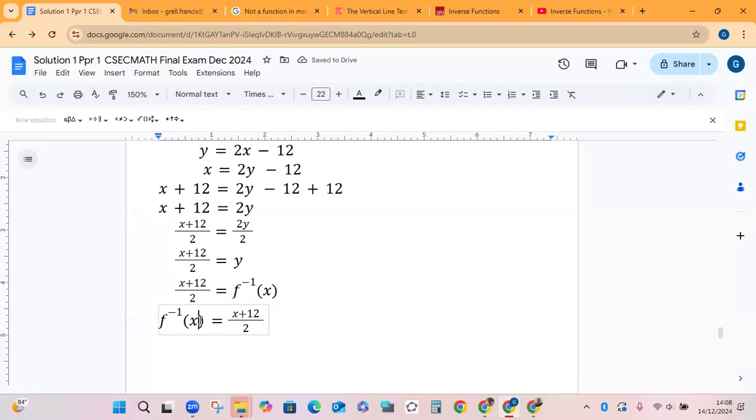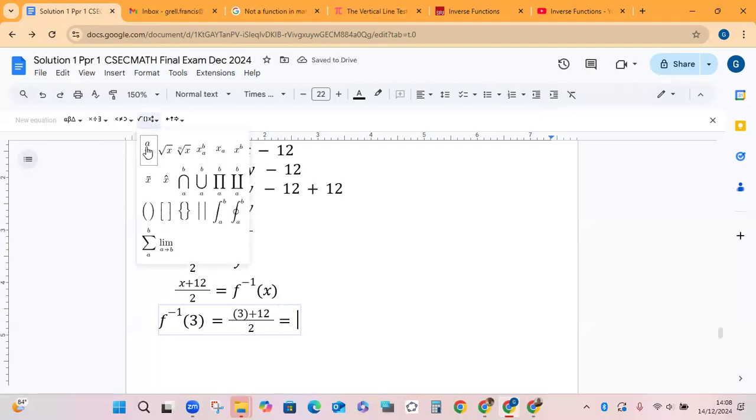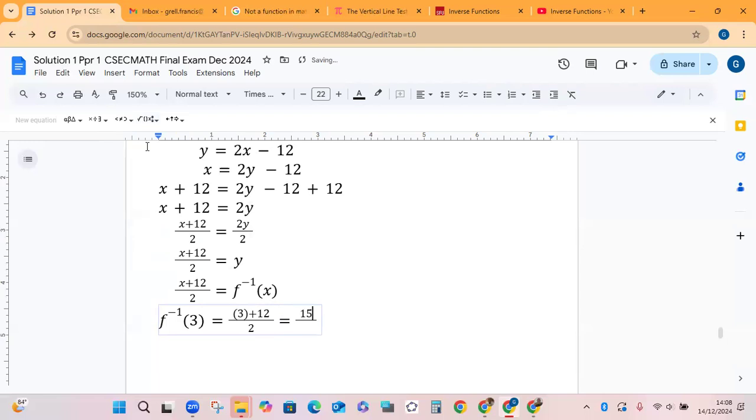So f inverse of 3, always when we see x, we're going to substitute 3. It will be, instead of x plus 12, 3 plus 12 divided by 2. 3 plus 12 is equal to 15. So the answer is 15 over 2.